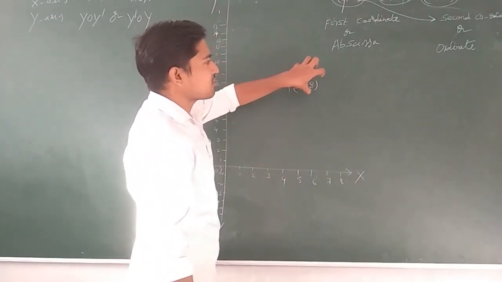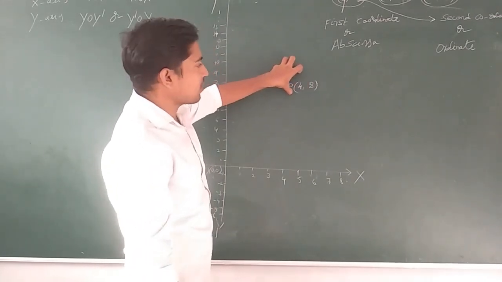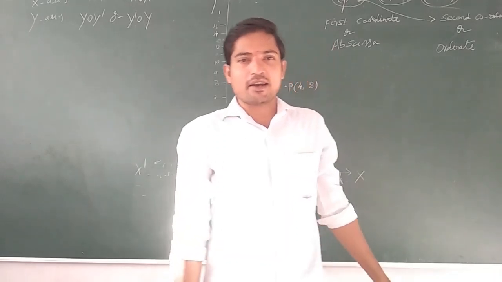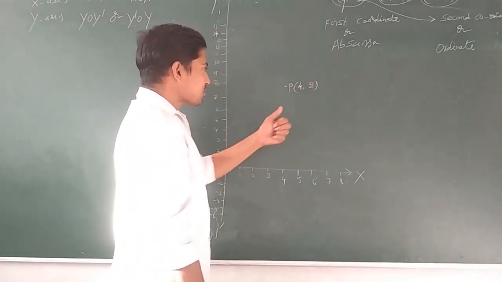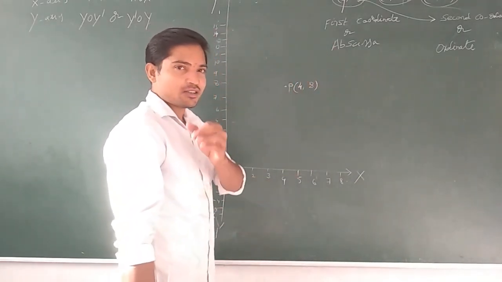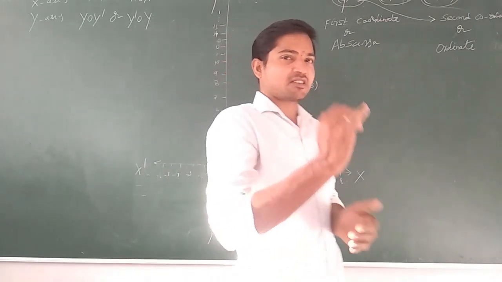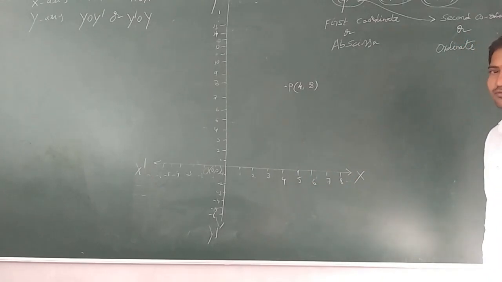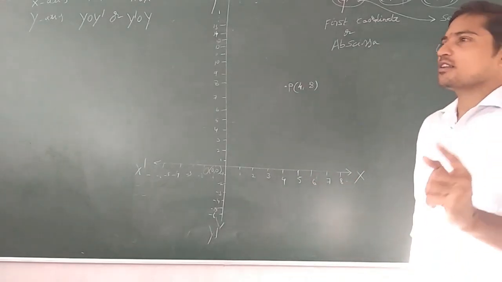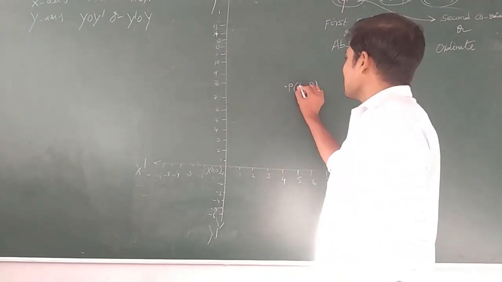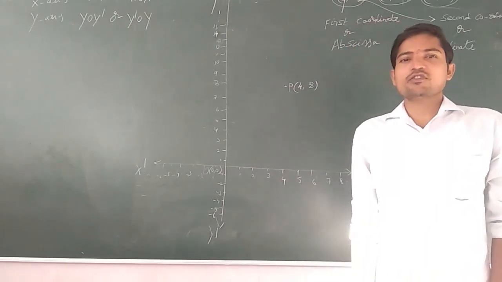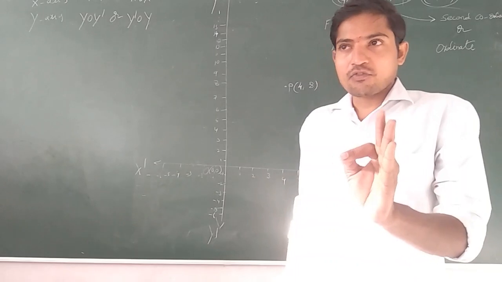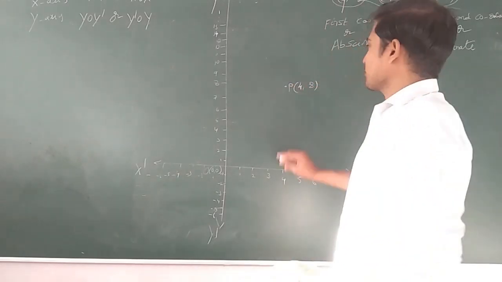This is abscissa, this is ordinate. Otherwise, this is first coordinate, this is second coordinate. Here, the first coordinate says to us which represents the point from y-axis. Try to understand clearly here. The first coordinate indicates the point from y-axis.